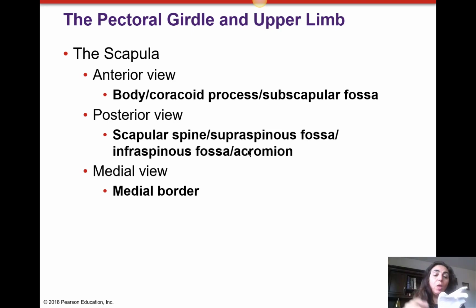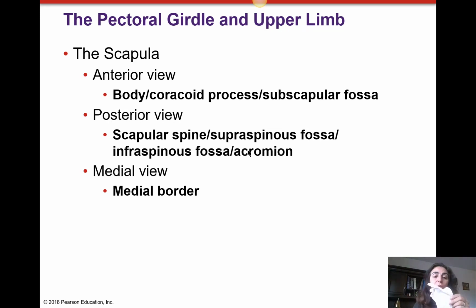Don't be worried about them now, but just as you are here, that's easier to learn them and remember them later. So you have the muscle subscapularis here, the same way you have a muscle here in the infraspinous fossa, you call it infraspinatus. And you have a muscle in the supraspinous fossa, we call it supraspinatus.